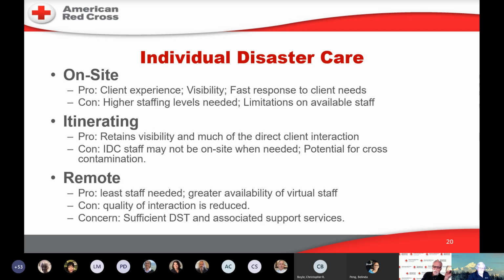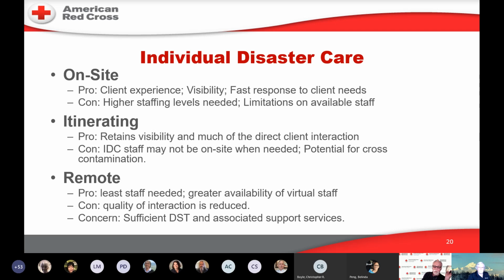Sometimes we have limitations on availability of staff. Do you have enough disaster health workers, mental health workers, or spiritual care workers in that area to staff those sites? Or are you going to need to work with remote workers or itinerating workers who go between sites? Those are different modalities of delivering the services.